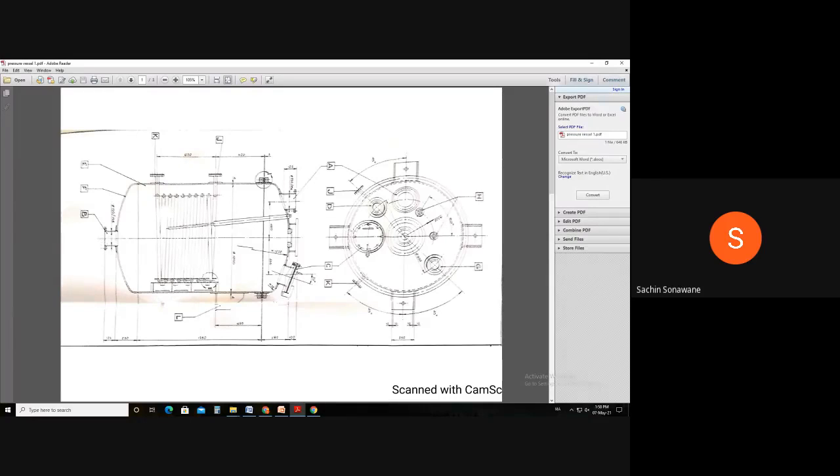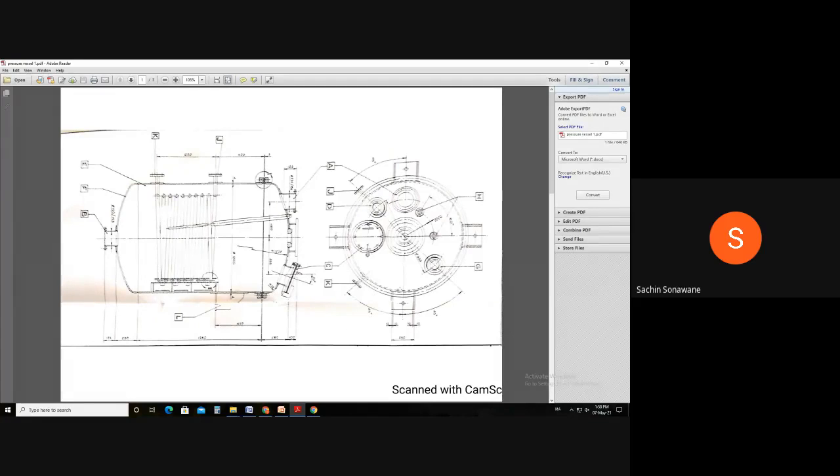Different parts are there: A, B, C, D, E, F, G, H, then I, it is not there, J, K, L. This is the assembly of the pressure vessel drawing. You have to draw this diagram.